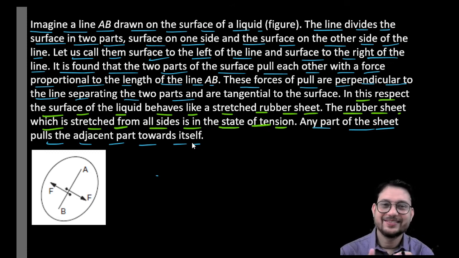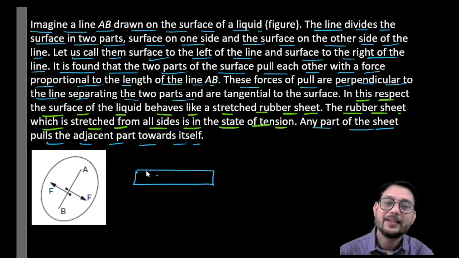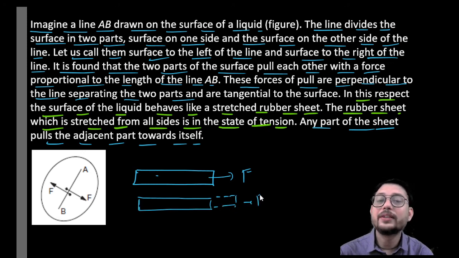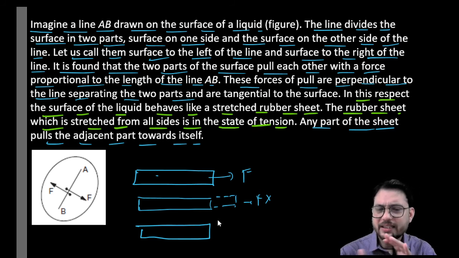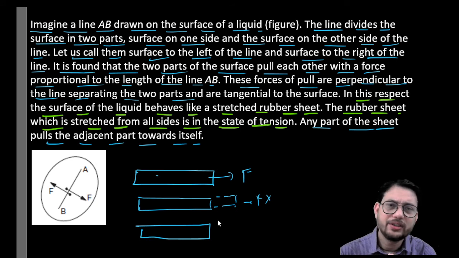As I have told you about elasticity, this is your wire, and when we apply force, it slightly increases its length. Okay, now if we remove the force, then what will happen? It will regain its original shape and size. This is elasticity. Something like that phenomenon is going on.